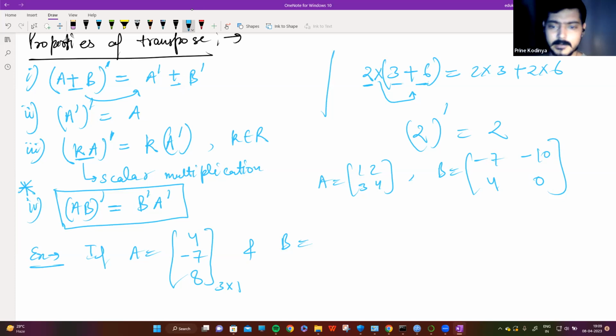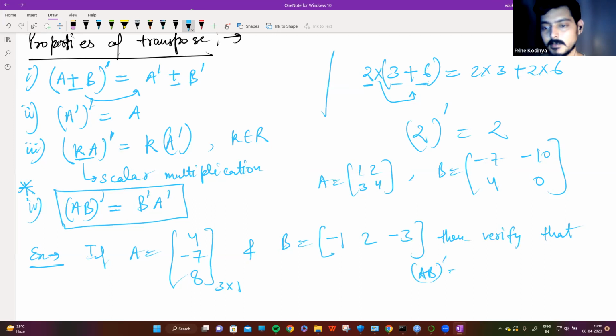Because if you want to multiply A and B, then the number of columns of A must be equal to the number of rows of B. So it can be anything, 1 cross something, but I am taking 1 cross 3. So this should be -1, 2, and -3. Now you have to verify AB whole dash is equal to B dash into A dash.